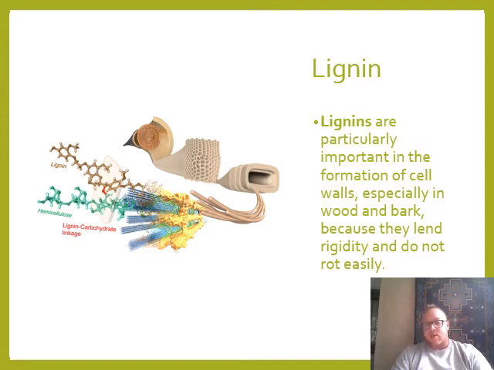It's cellulose mixed in between with lignin, and lignin creates that very hard wood. A leaf wouldn't necessarily have lignin in it, because it needs to be able to bend. There might be a tiny little bit in the center where the vein runs through, but not a lot at all.